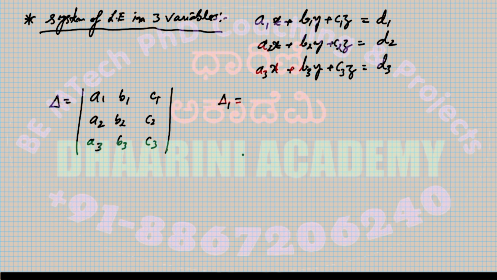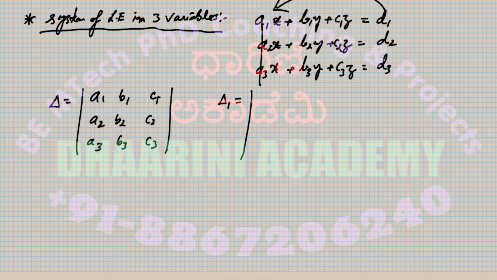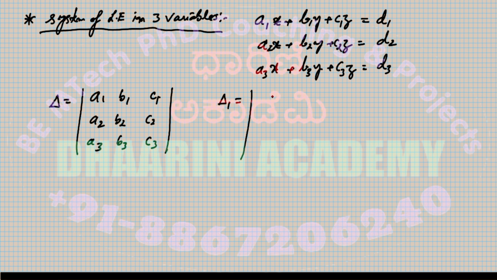So first, when we calculate delta 1, remove a1, a2, a3 and replace it with d1, d2 and d3. So the determinant of d1, d2, d3, remaining as it is b1, b2, b3, c1, c2, c3. Calculate the determinant.